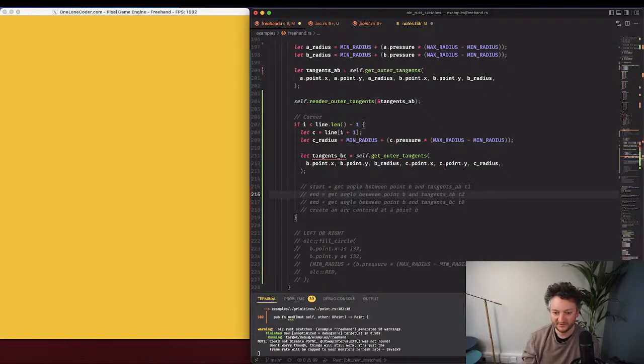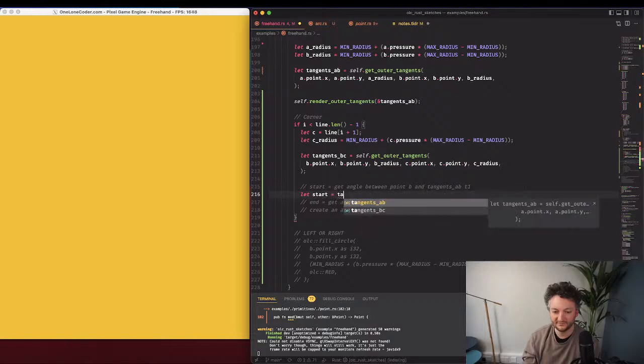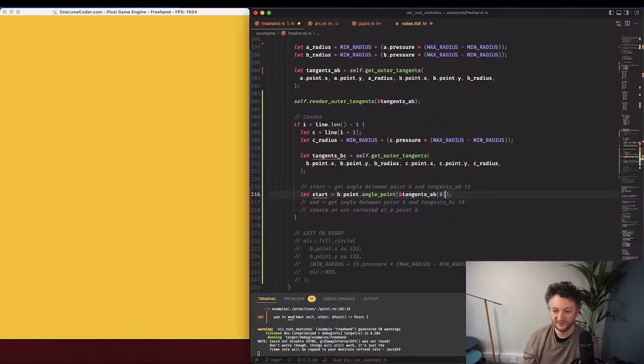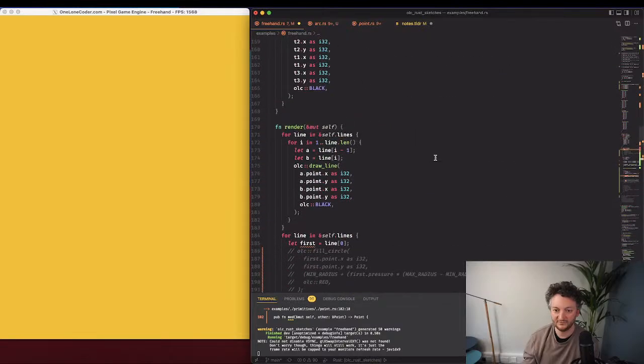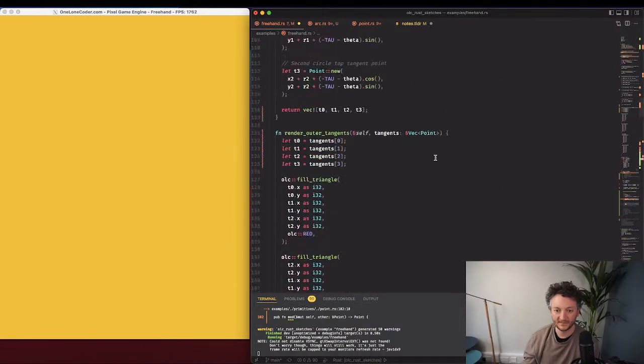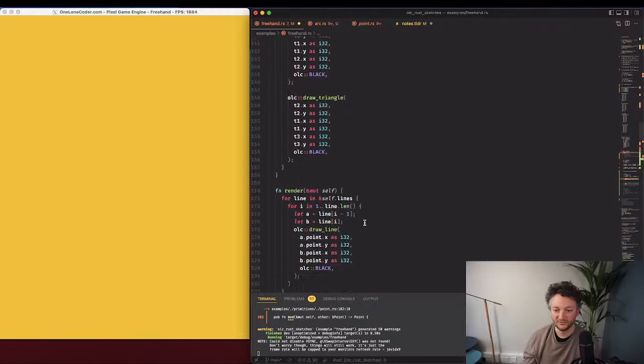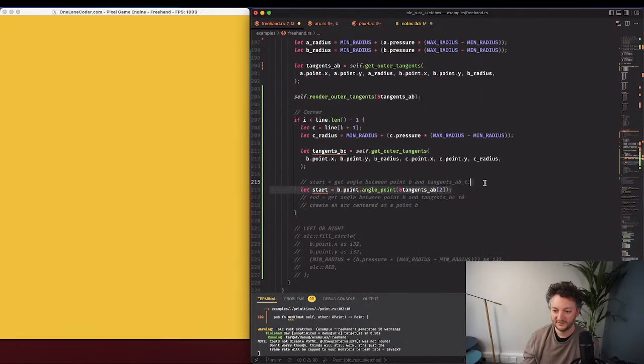So we want to say let start equals B dot point dot angle point, and the other is going to be tangents AB. I think that's 2, right? T0, T1, T2, T3.